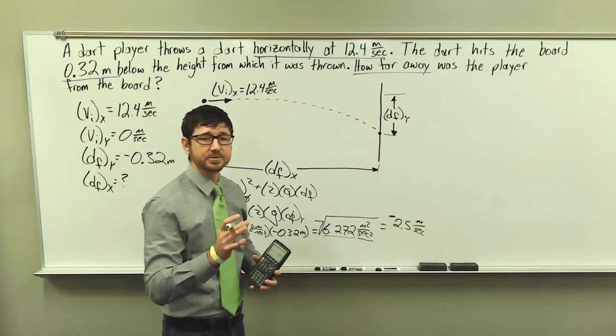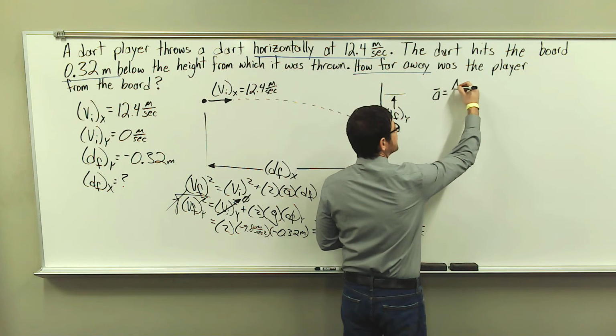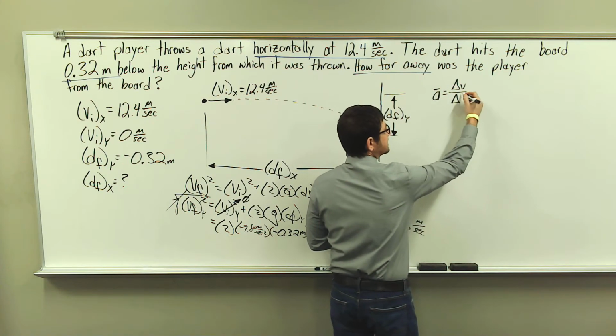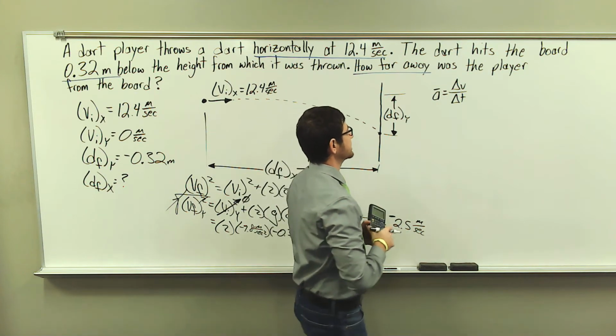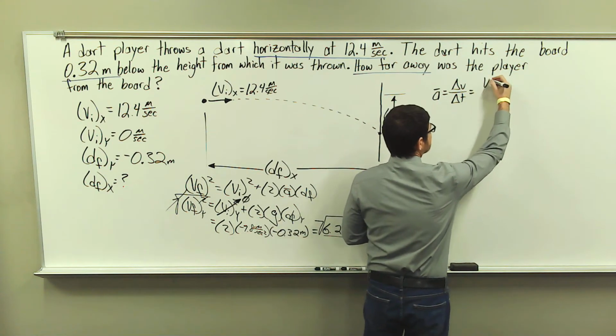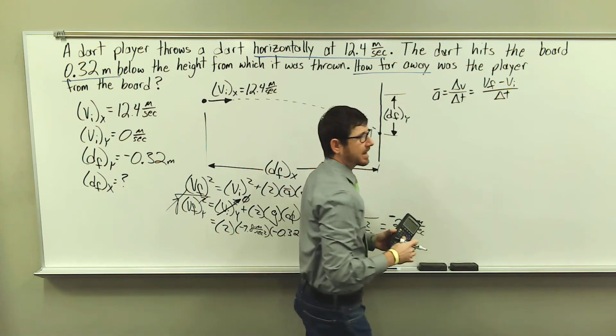And we're going to use the base equation. Acceleration is equal to the change in velocity divided by the change of time, okay? So this is going to be final velocity minus initial velocity divided by time.